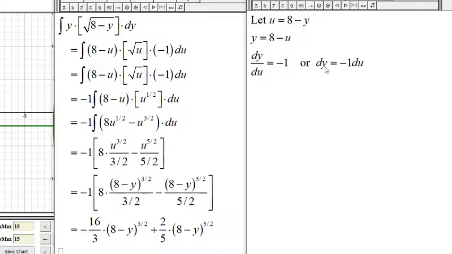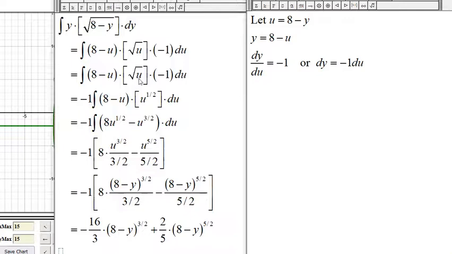And so the differential dy is equal to negative 1 du. And y is 8 minus u. This is u, and so this is the square root of u. dy is negative 1 du. And then we can put this negative 1 out in front.